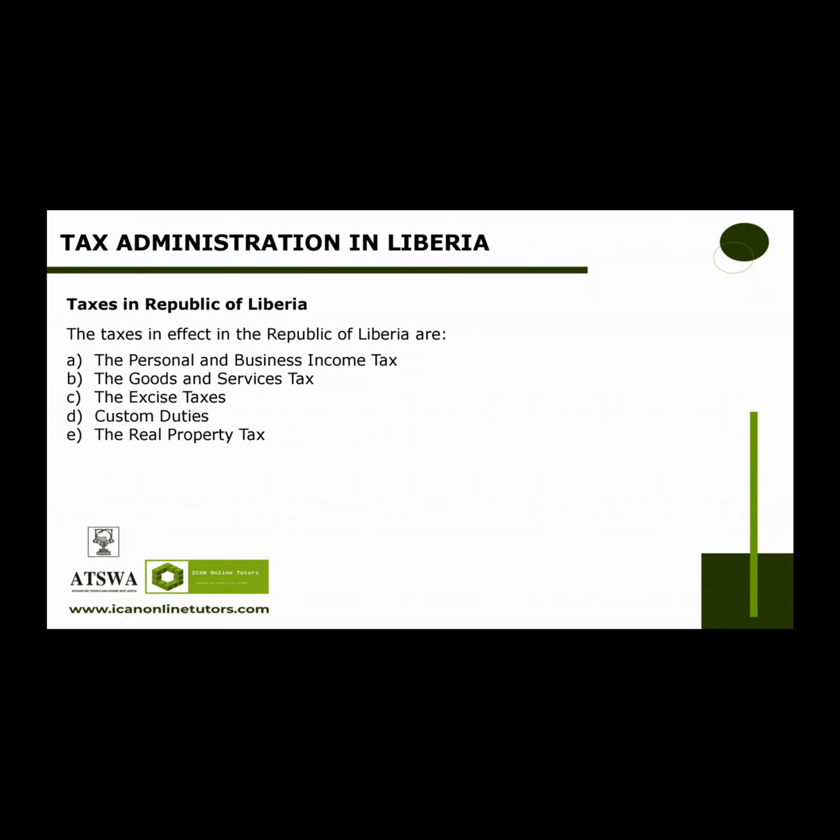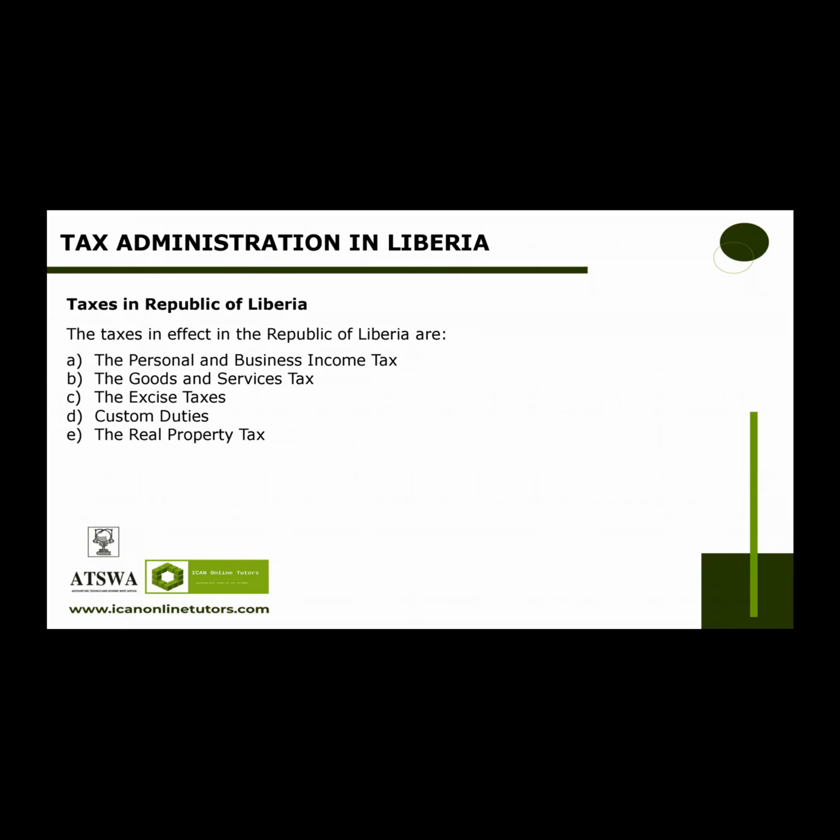So in Liberia, the real property tax is 0.33%. Do you understand? This would mean that whoever owns the real property as of January 1st shall be considered as the one liable.